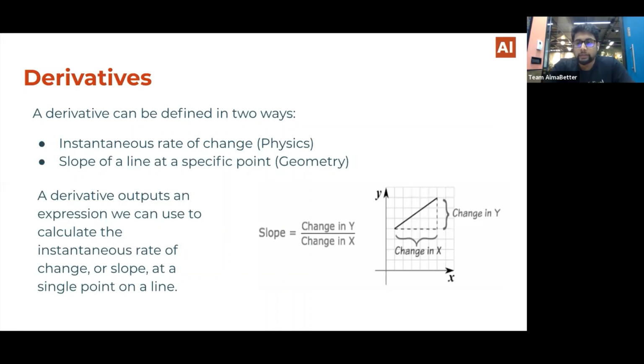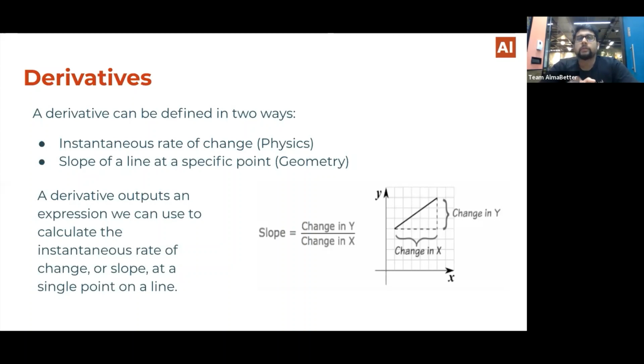If you talk about instantaneous speed, for that we use calculus, and this is where the use of derivatives comes into the picture. Say distance is x and time is t. Let's say I take a very, very small time, delta t, and the distance that I cover in that very small time delta t is delta x.